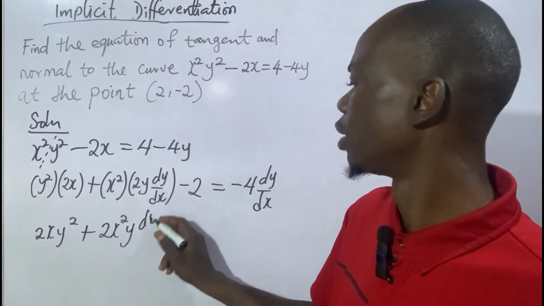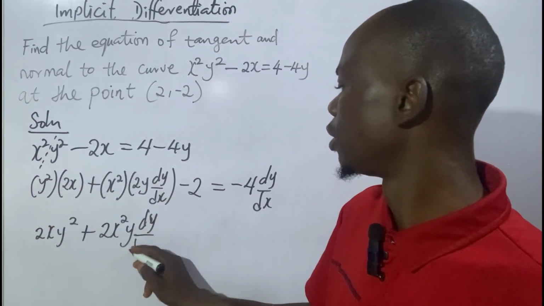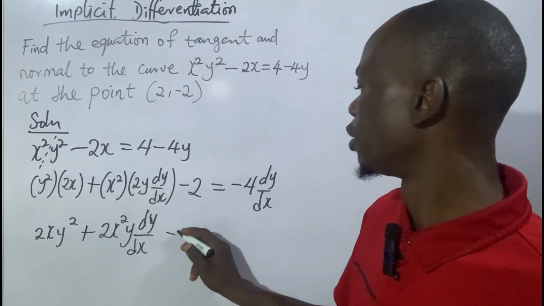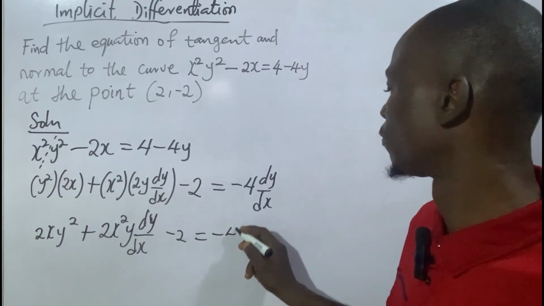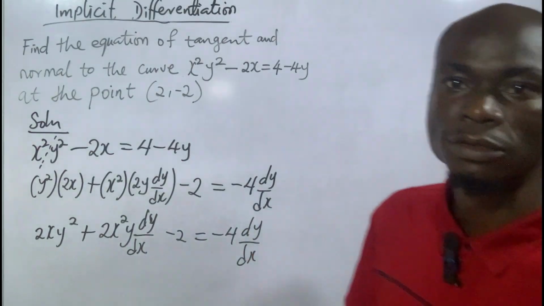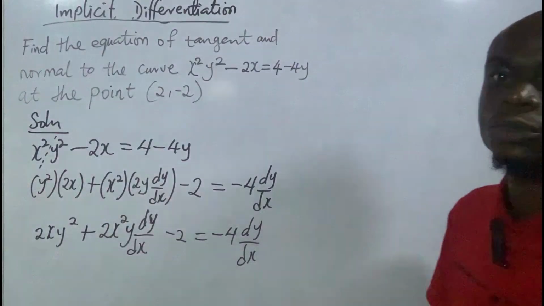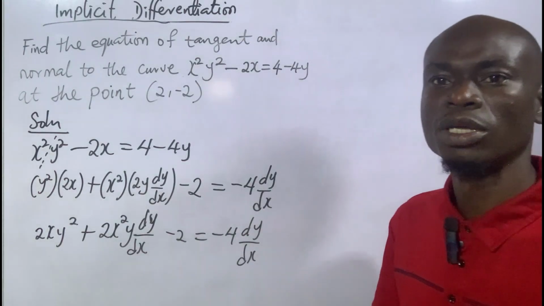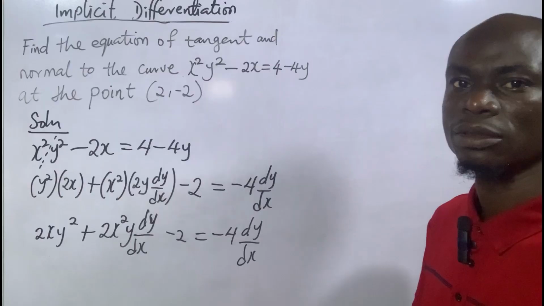Then our dy over dx, minus 2 equals minus 4 dy over dx. Okay, so the next thing now is to make our dy/dx stand on the left.